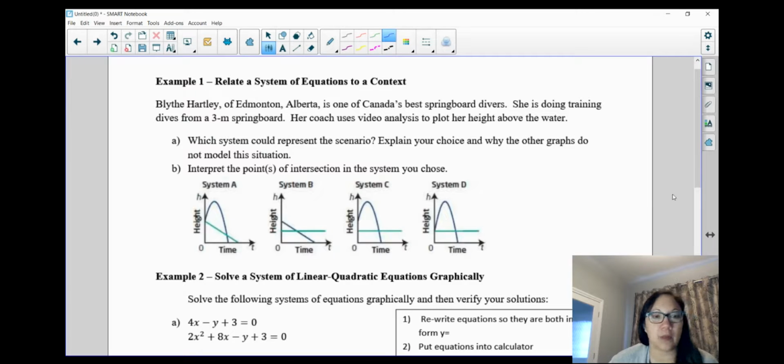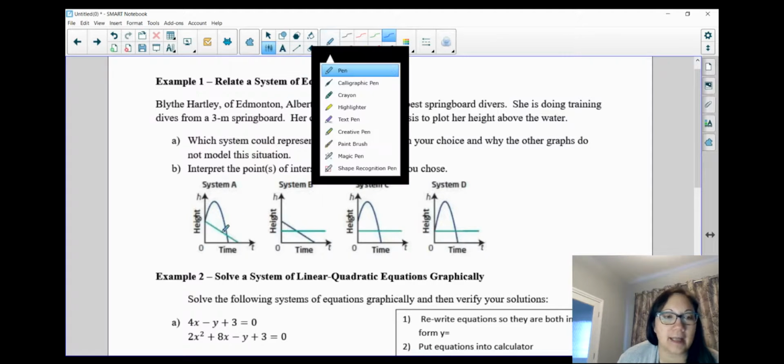So we need to look at which one of these systems, which is a set of two graphs, represents this scenario. So if we think of a springboard diver, actually the first thing we should look at is what's on our axes. So we've got height and time. So this isn't her physically jumping. It's over time, her height went up and then it went down.